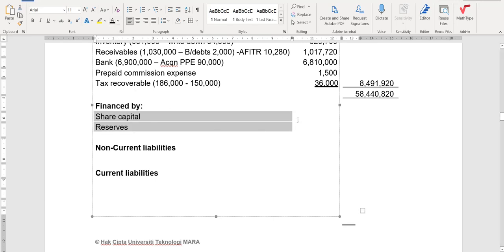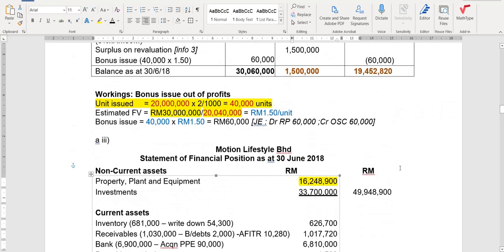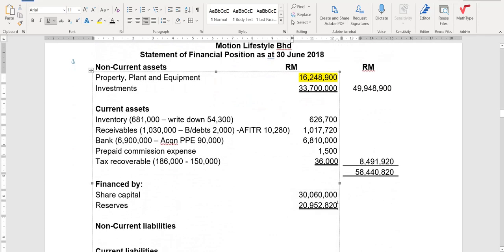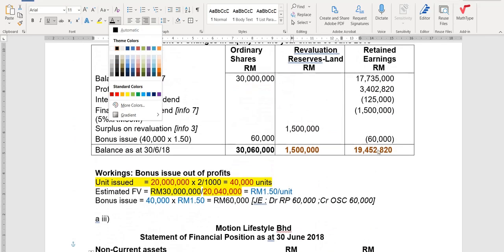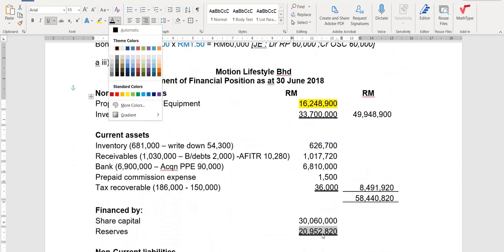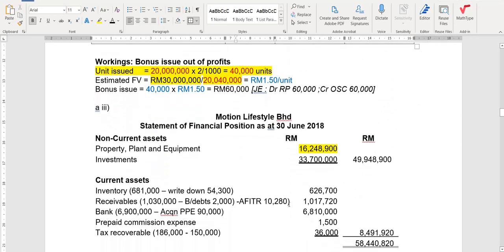Show your share capital and your reserve. Bear in mind, this is the figure that we calculated much earlier, right? That was the one here, the total of these two for the reserve. For the share capital is the figure here, right?